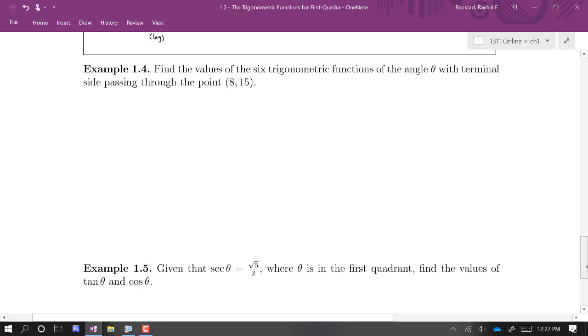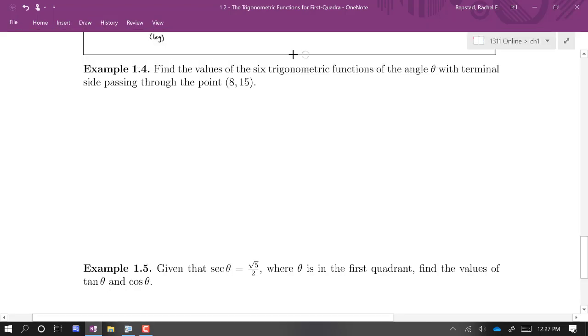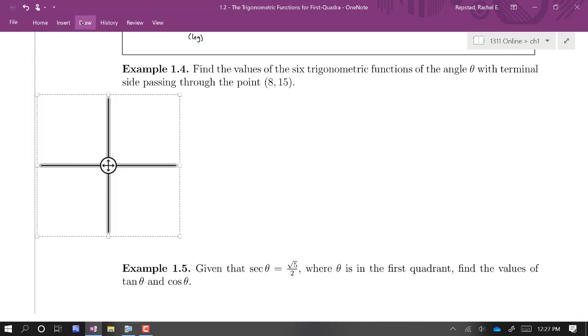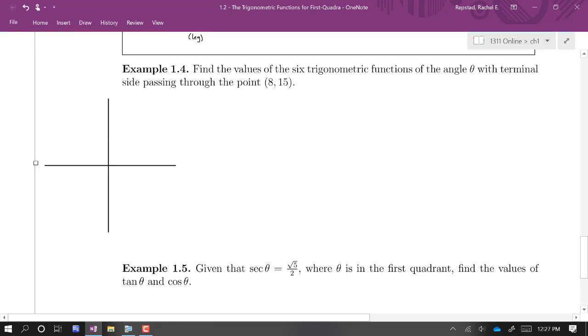First, we're going to find the values of the 6 trig functions for the angle theta with terminal side passing through the point (8, 15). The first thing I'm going to do is sketch out that angle. These are first quadrant angles, so if you bear with me, I'm going to redraw, because since it's a first quadrant angle, I really don't need to show the other quadrants.